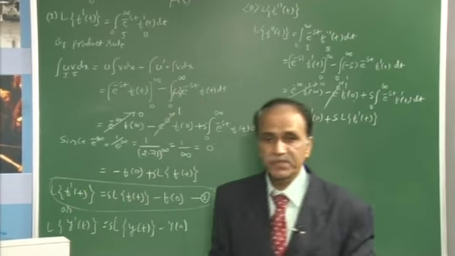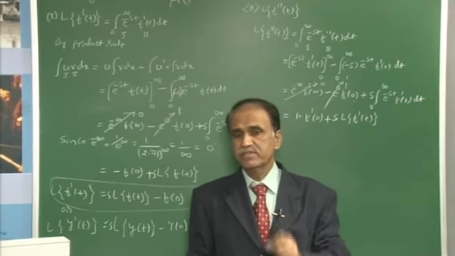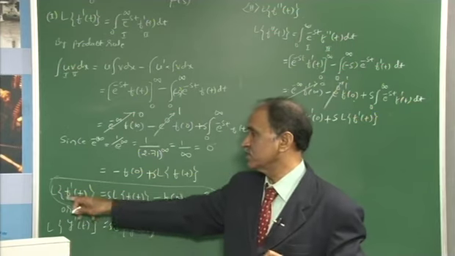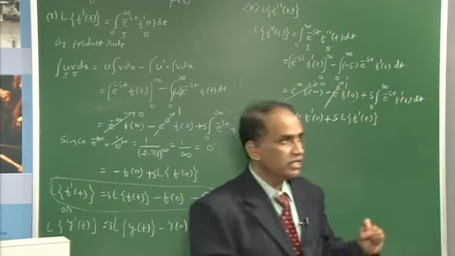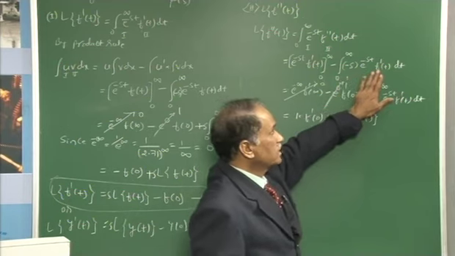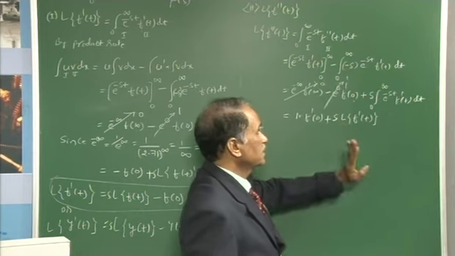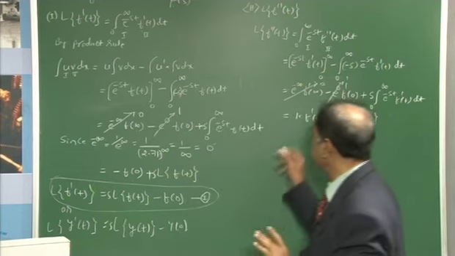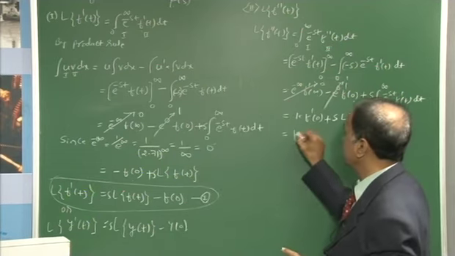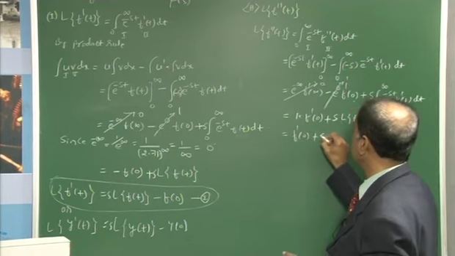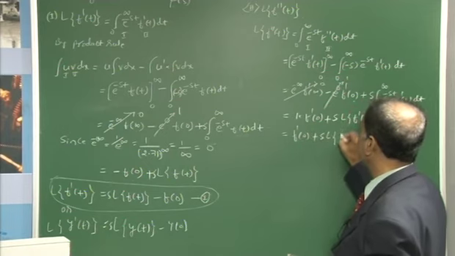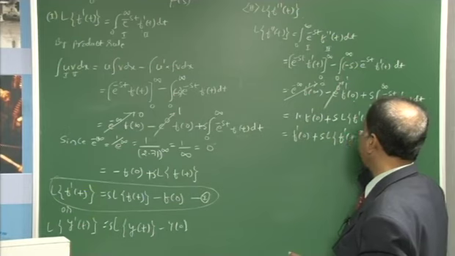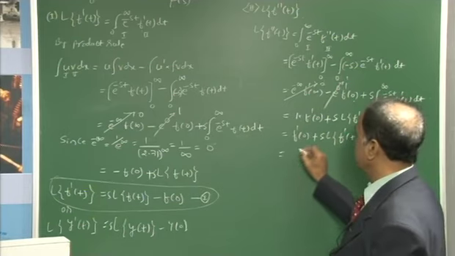For what purpose? Laplace transform of first order derivative, where the first order derivative is f dash of t. So, now I represent f dash of t occurring under the integral sign like L of f dash of t. Therefore, that is equal to f dash of 0 plus s into L of f dash of t. Now, what are the results?